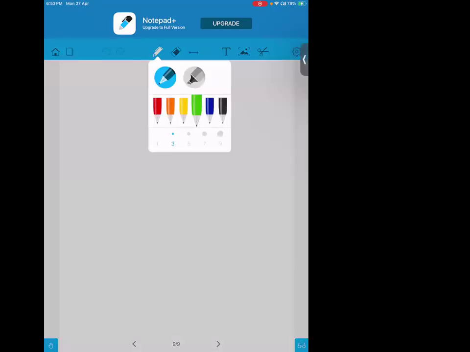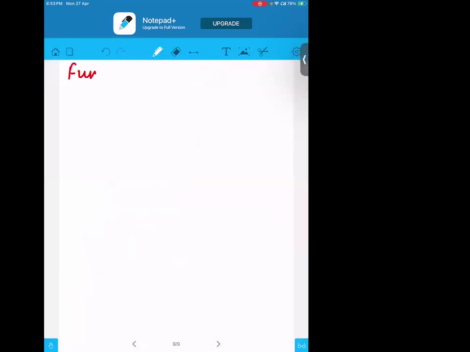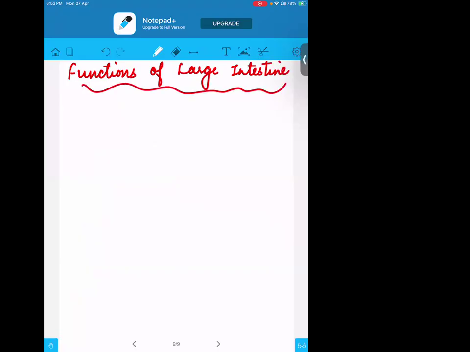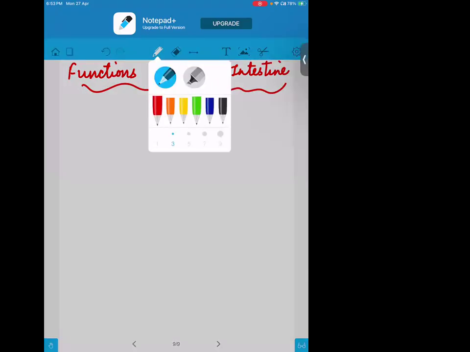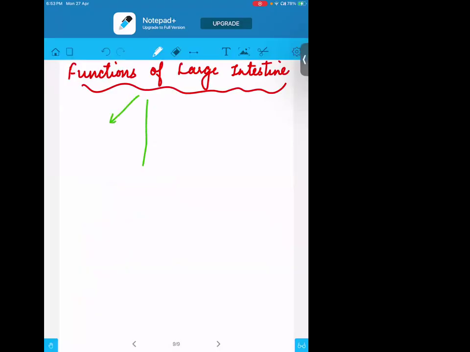Yes, ma'am. Now the last one are the functions of large intestine. So majorly 5 functions are there for them. So first function is water and electrolyte balance, which means the water and the salt balance will be there.